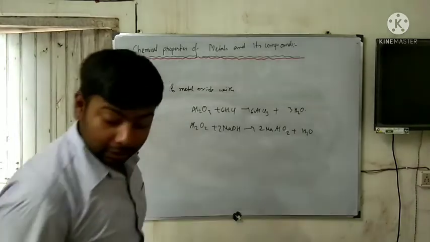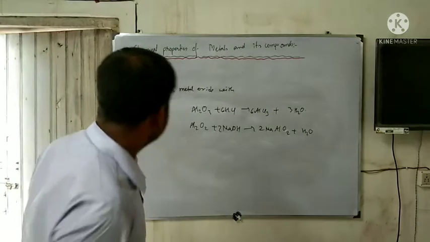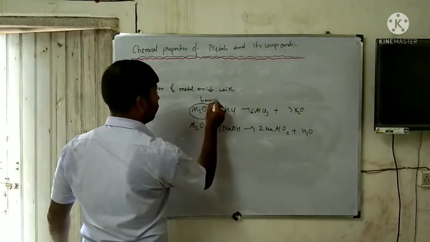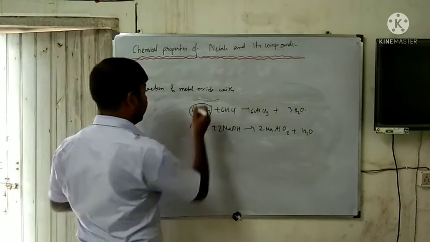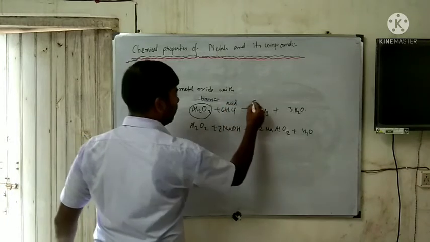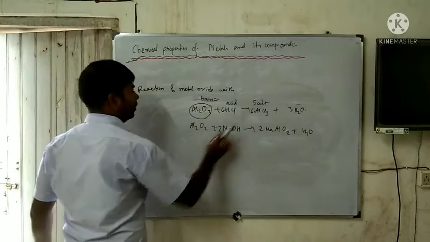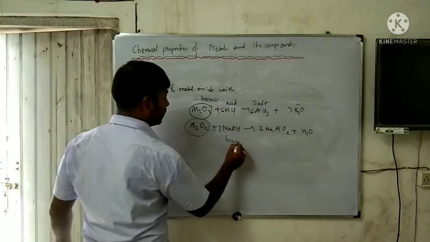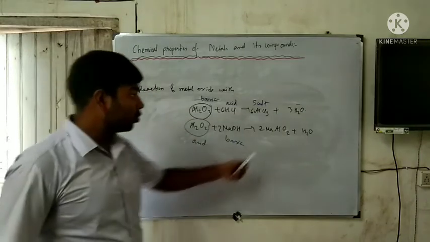So now if you notice, here it is acting as a base, since it is reacting with an acid and giving salt plus water. But here, this is a base, so it is acting as an acid and giving salt and water.